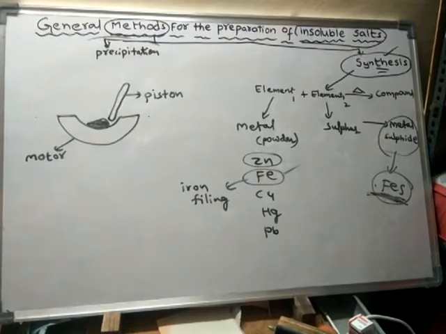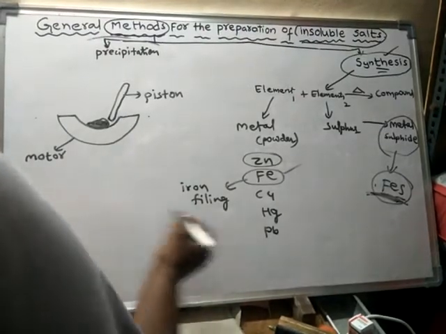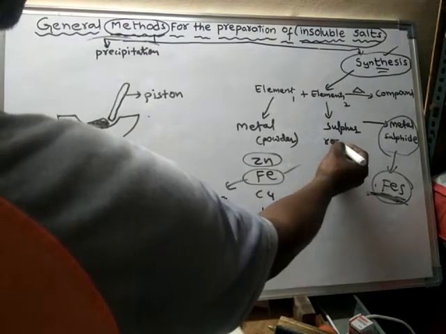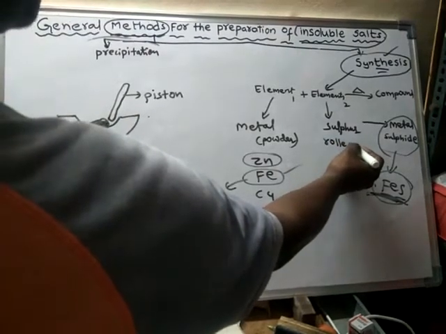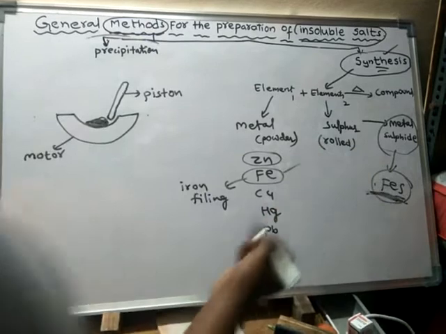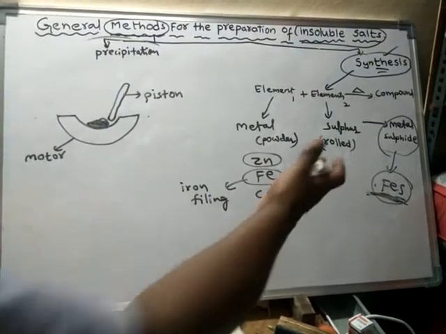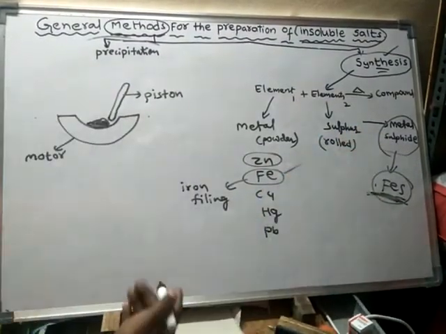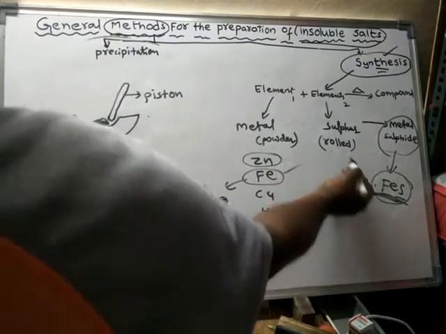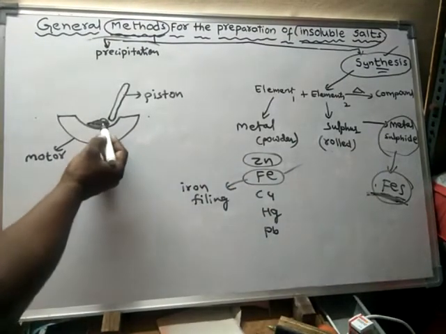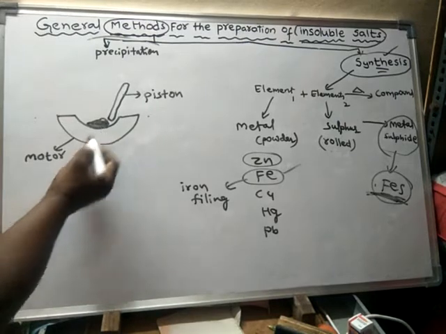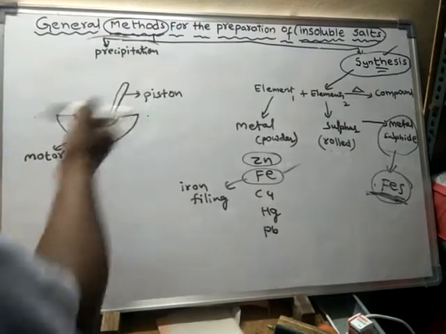And add rolled sulfur, which will react faster. So take iron filings and rolled sulfur into the mortar and start grinding.